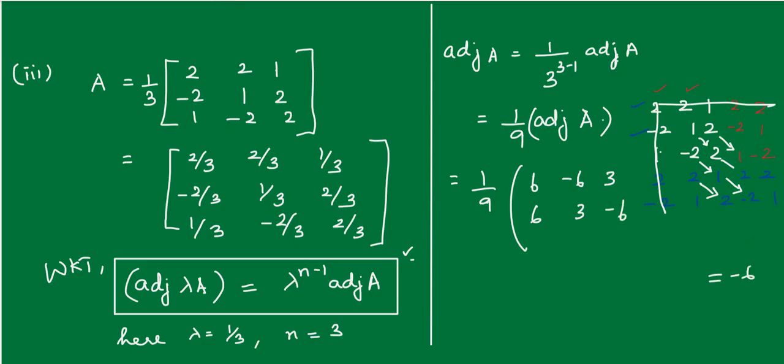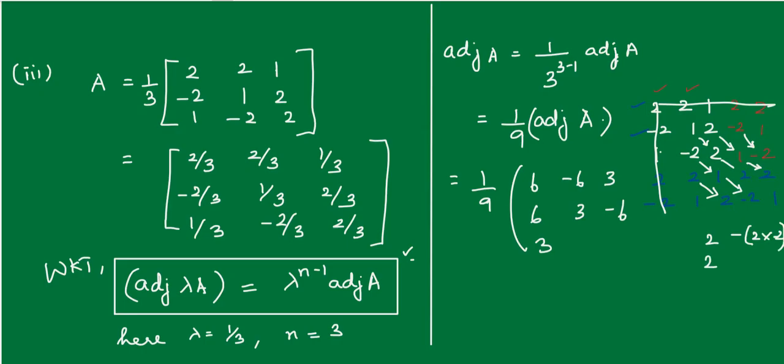Next step, take the last two columns. 2 into minus 2 gives us minus 2 into minus 2 gives us plus 4 minus 1. So gives us 3. Next, 1 into 2 gives us 2 minus of 2 into minus 2.